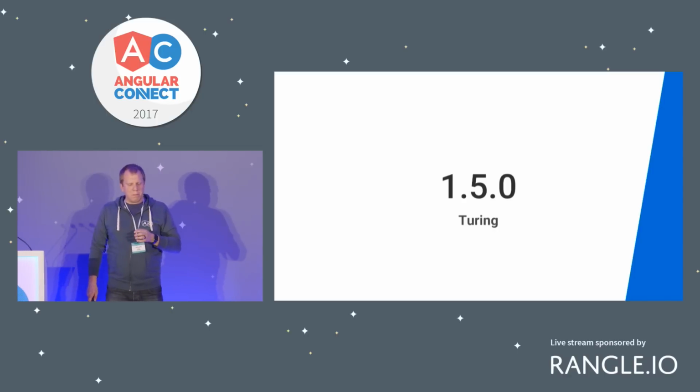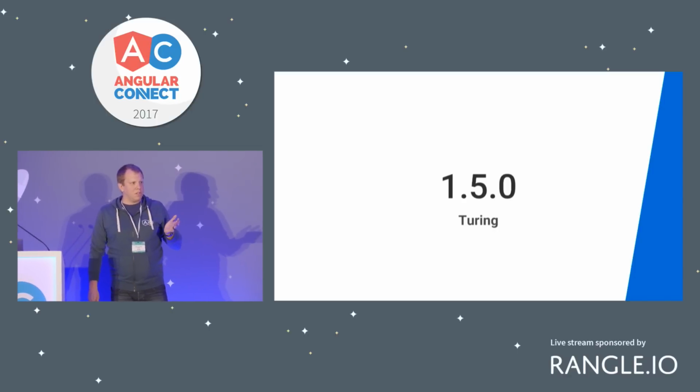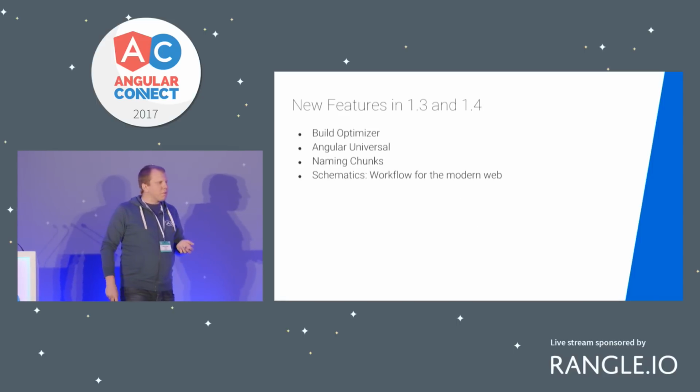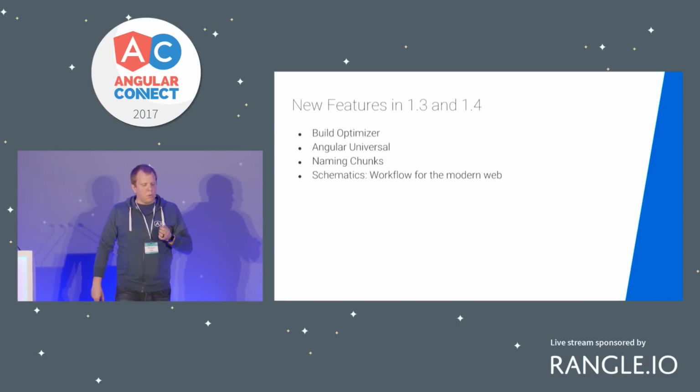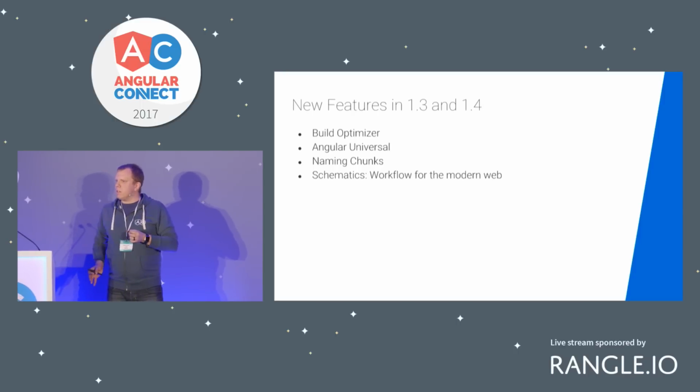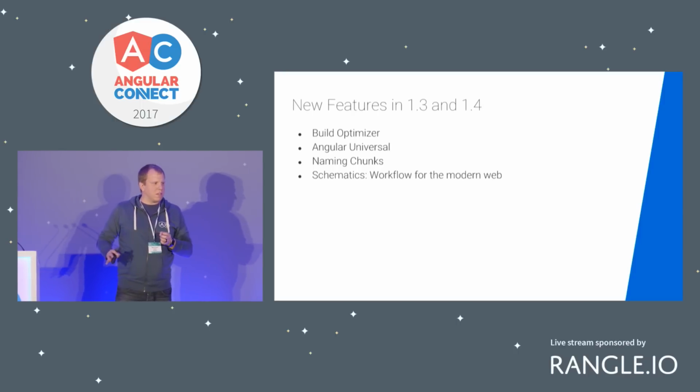I want to talk a little bit about the 2 previous releases for a second before discussing the new features. With 1.3 and 1.4, we introduced the build optimizer, which Philippe is going to talk a lot about, and it's an incredible piece of technology that just makes your apps faster, smaller, better, stronger.